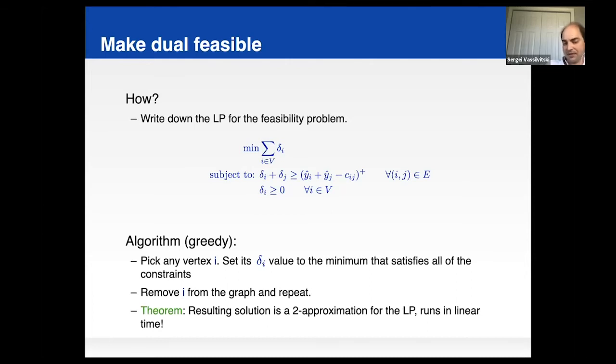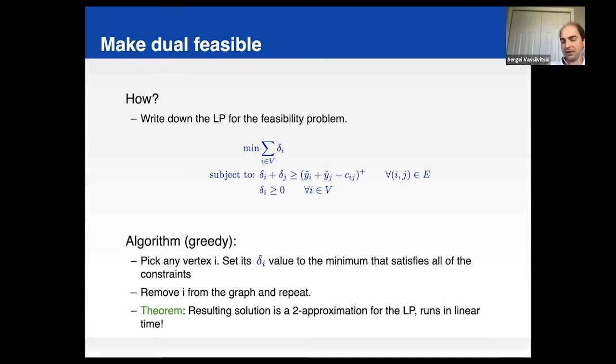The greedy algorithm is going to work in the following way. I'm going to pick any vertex. This vertex, of course, has a bunch of different edges adjacent to it. How much do I need to change the prediction on this vertex in order to make sure that all of its adjacent edges are satisfied and no longer infeasible? I'm going to pick that particular value for delta. I'm going to adjust my y hat. I'm going to reduce it by this amount.